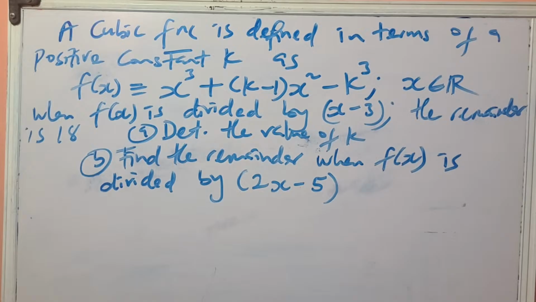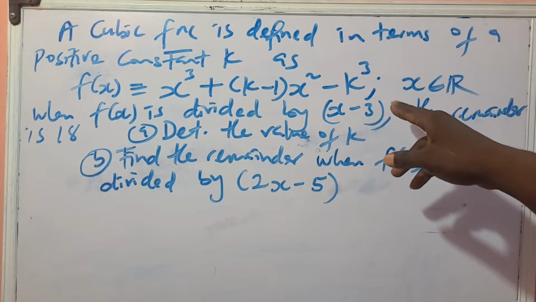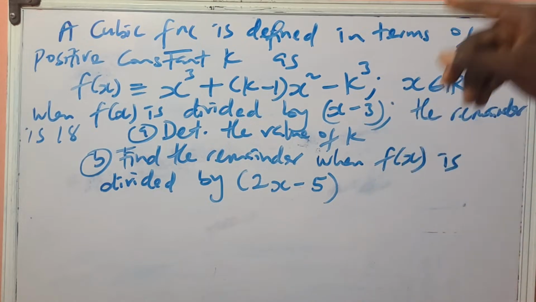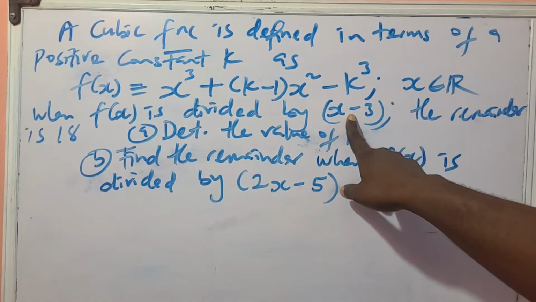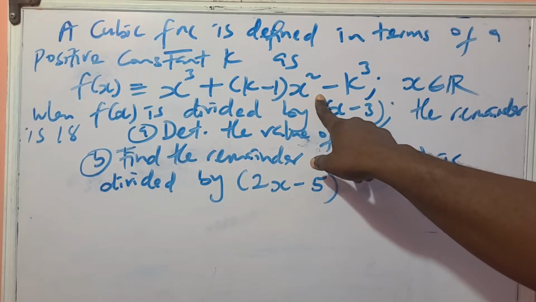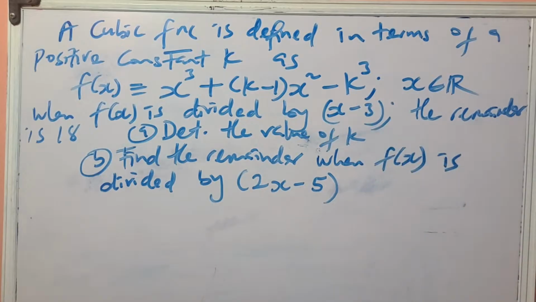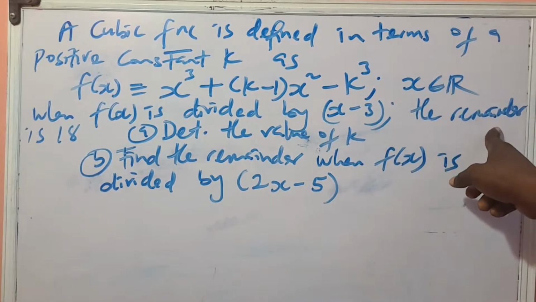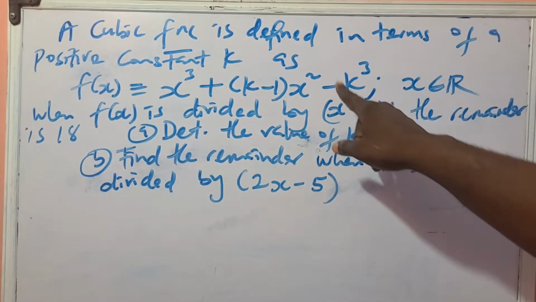Based on the remainder theorem, when a polynomial is divided by something, when you fix in x equals to 3 into this polynomial, the answer you get is the remainder. One good thing now is that they've told you what the remainder was, so you use that to get the value of the unknown in the polynomial.